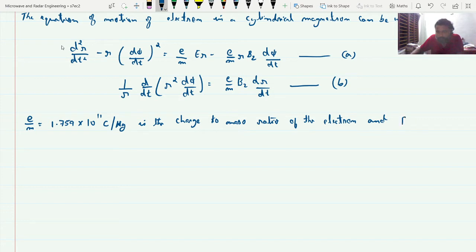And B naught, that is B_z, is assumed to be in the positive Z direction.